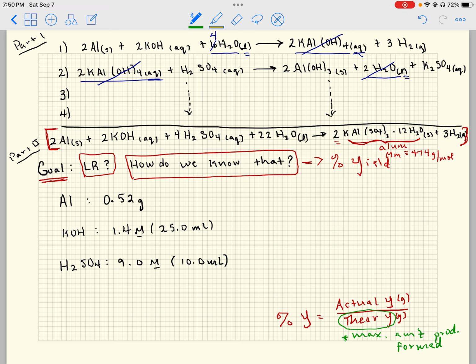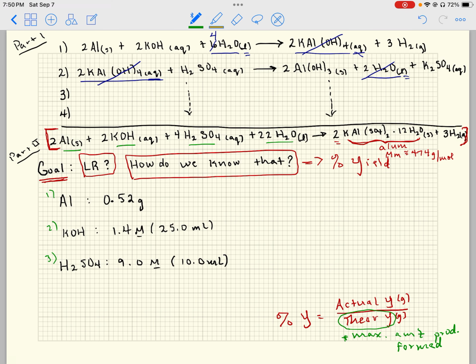The limiting reactant limits the amount of product formed. So what that means is that we've got to go back up here and notice we have aluminum, potassium hydroxide, and sulfuric acid in an excess of water. So we've got to figure out which of these 3, aluminum, potassium hydroxide, or sulfuric, is the limiting reactant.